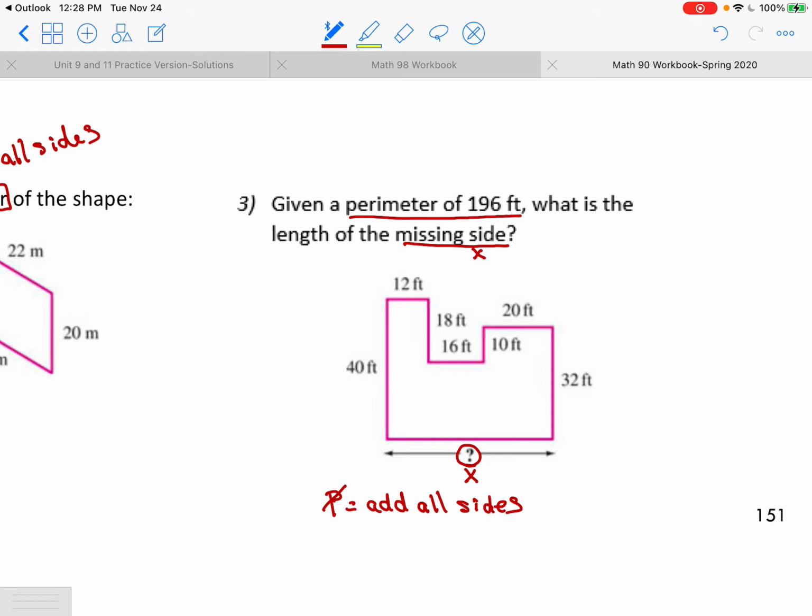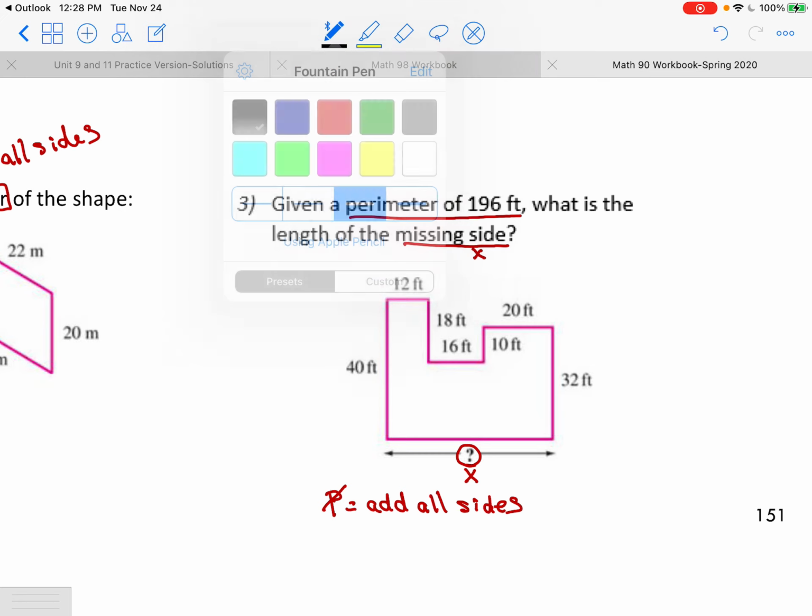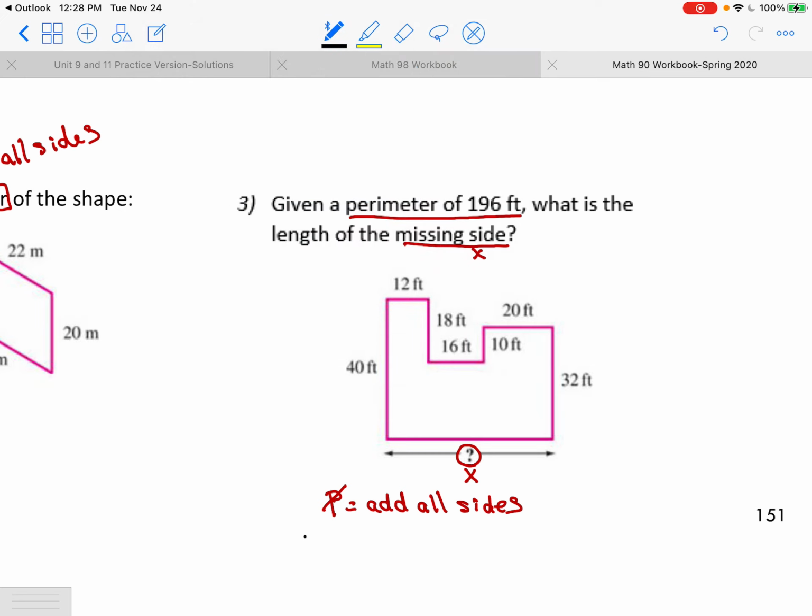Specifically, perimeter we know is, let's just go to black here, 196 is equal to x plus, I'm just going to go to the right here and just add them all up, 32 plus 20 plus 10. 10 is actually this side right here, plus 16 plus 18 plus 12 plus 40.